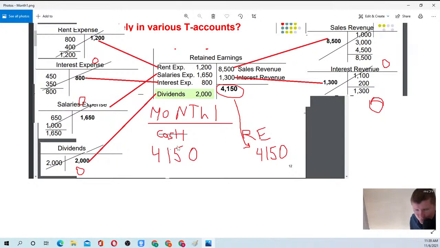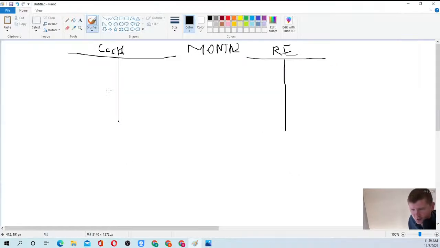On the cash, we have 4,150, and that should be a debit, brought forward 4,150, and our retained earnings will be the same amount.